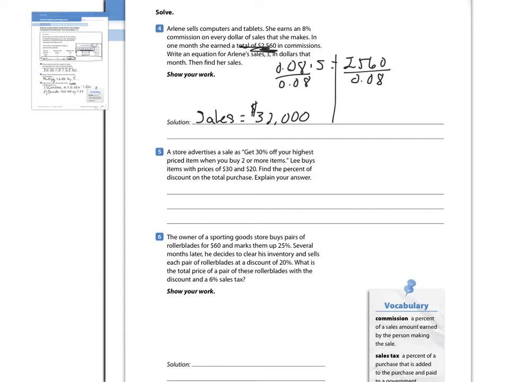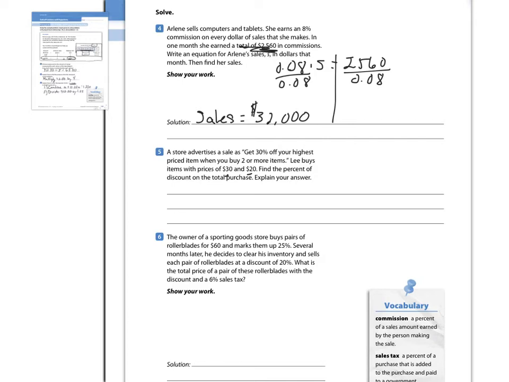Number 5, a store advertises a sale as get 30% off your highest priced item when you buy 2 or more items. Lee buys items with prices of $30 and $20. Find the percent of discount on the total purchase. Explain your answer. Well, he gets 30% off of the highest price.